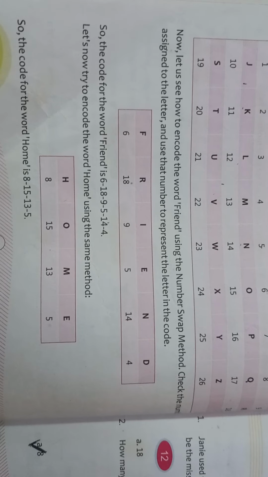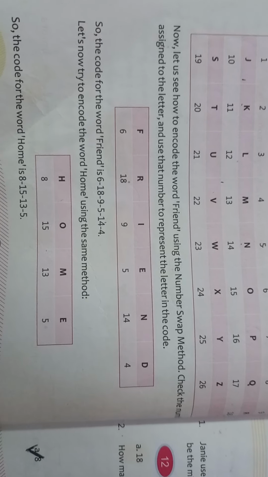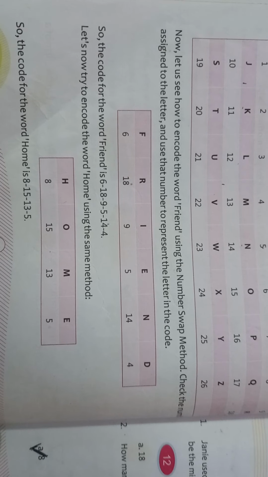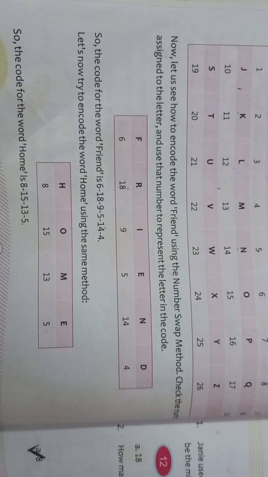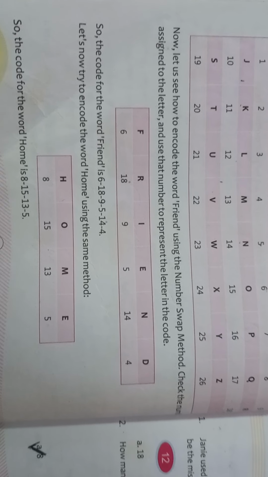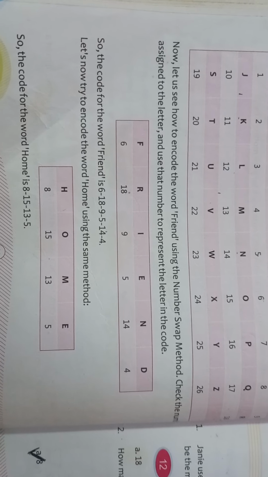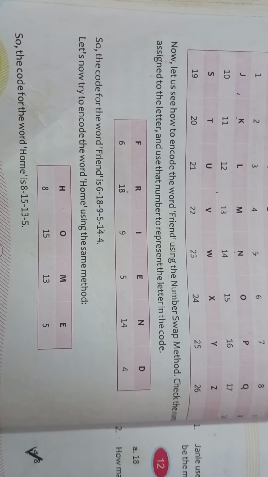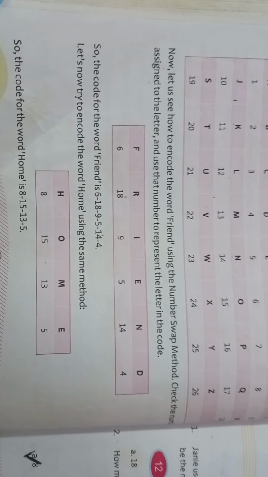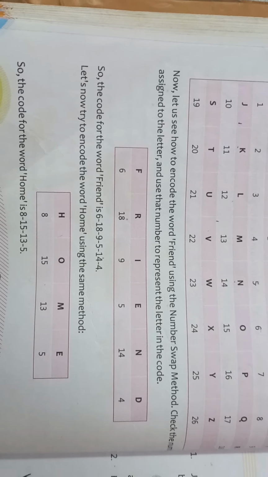Let's now try to encode the word home using the same method. H is 8, O is 15, M is 13, E is 5. So this is the code for the word home: 8-15-13-5. This is the method of the number swap code.